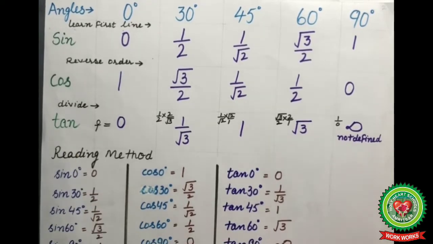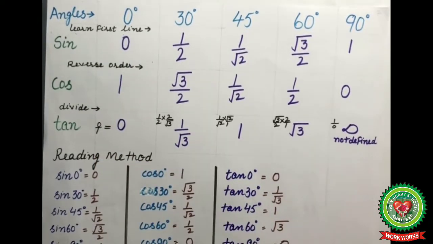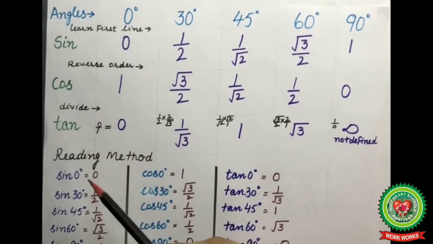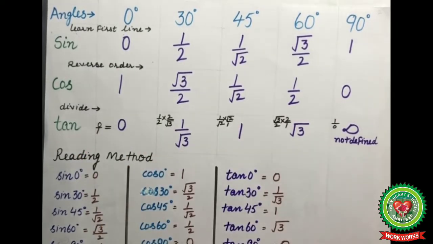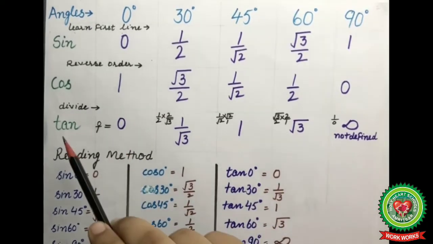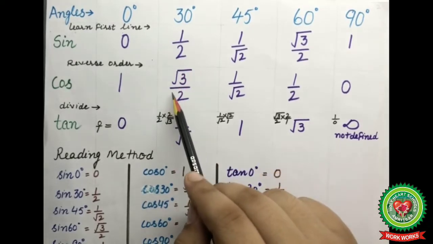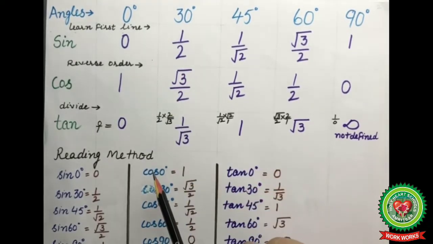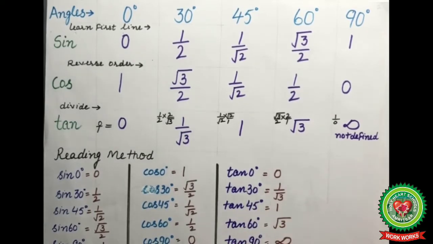Now for tan theta, we just need to divide the values of sine and cos. So let us write down the value of tan theta. Tan 0 degree will be equal to 0 upon 1, that is 0 only. Tan 30 degree will be equal to 1 upon 2 divided by under root 3 upon 2, that will give the answer as 1 upon under root 3.